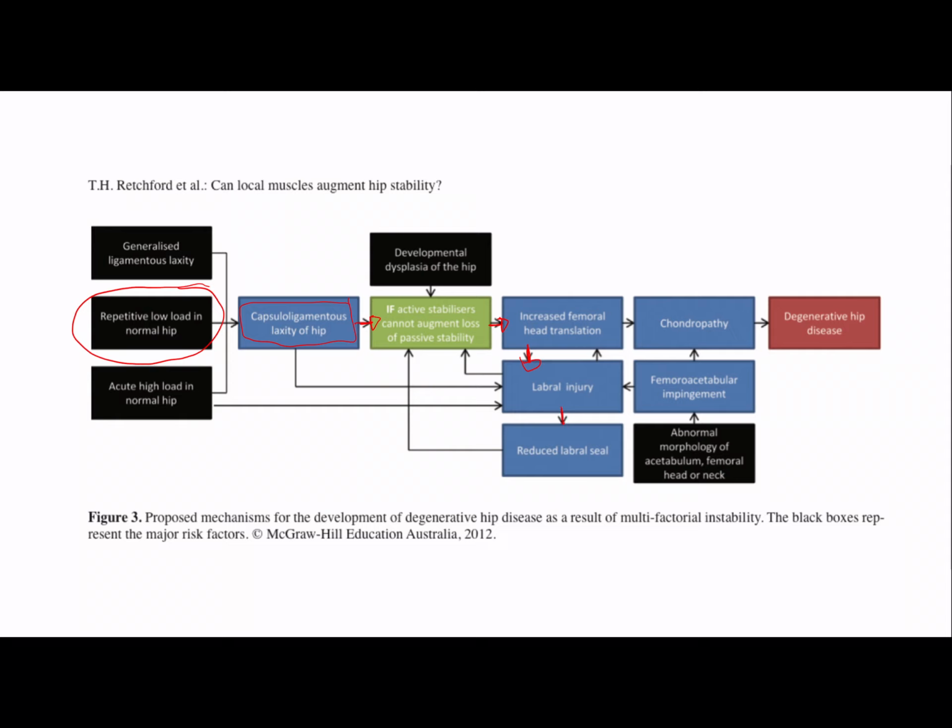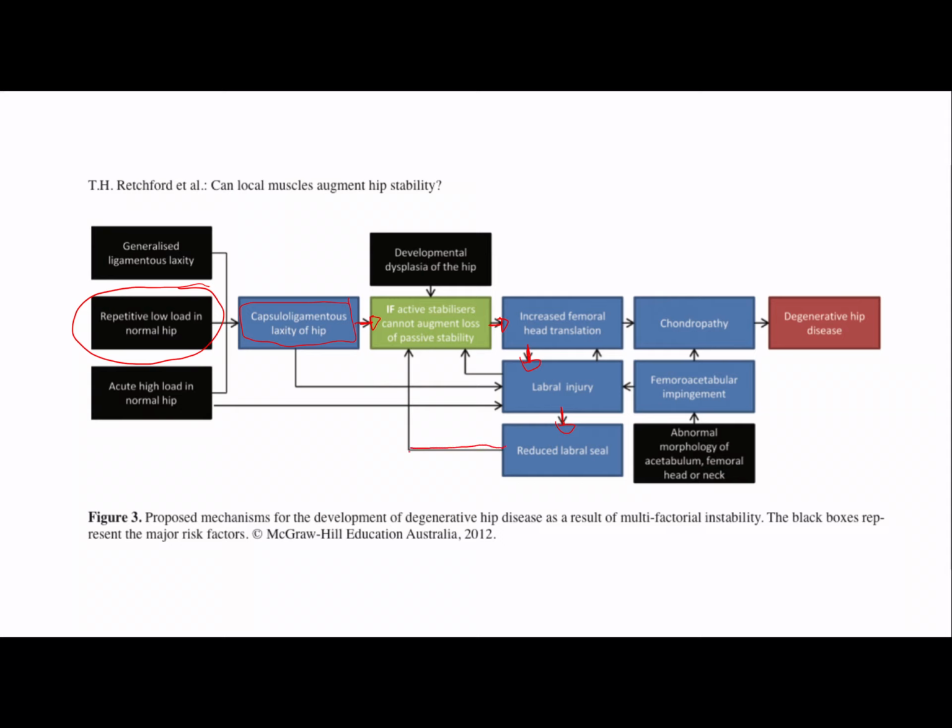And then we lose that suction seal that we described last time, right? So with the labrum acting like the Nerf gun bullet, with that suction on the window, it does the same thing on the femur, but with the damage to the labrum, we actually lose that seal, so we don't get that stability from the labrum.